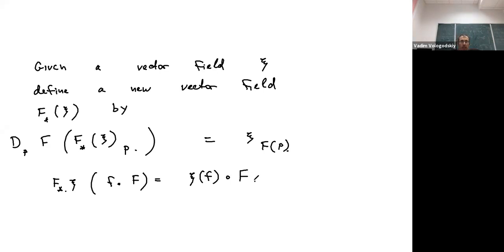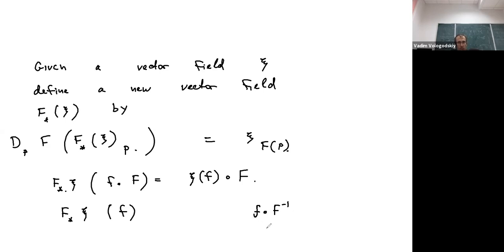Okay? So let me rewrite this formula a little bit. Suppose you want to compute this derivation applied to F. What are you supposed to do? This formula tells you how you apply it to F composed with F. So first thing that you want to do, you want to take F and compose it with F inverse, right?